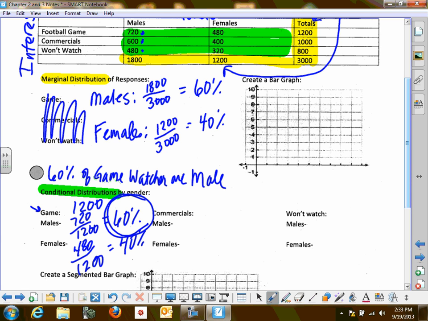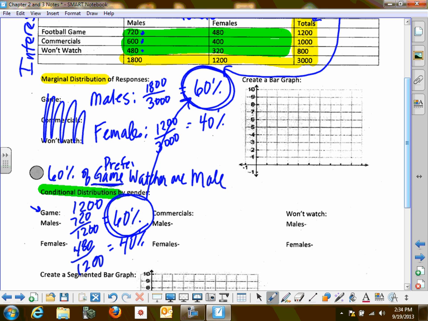Oh, sorry, 60% of the ones that watch the Super Bowl for the game as opposed to watching it for commercials. Okay? So 60% of the ones whose interest is watching the game are males. Well, guess what? That is the same rate of males in my sample.